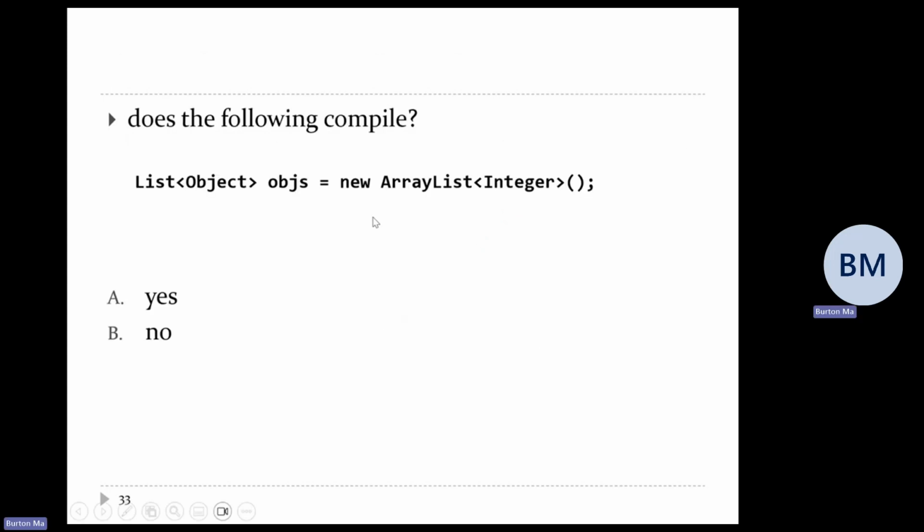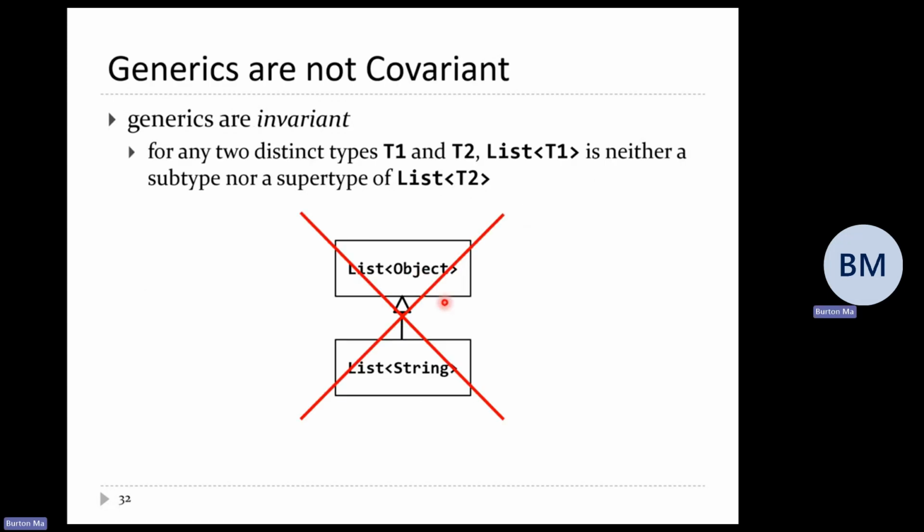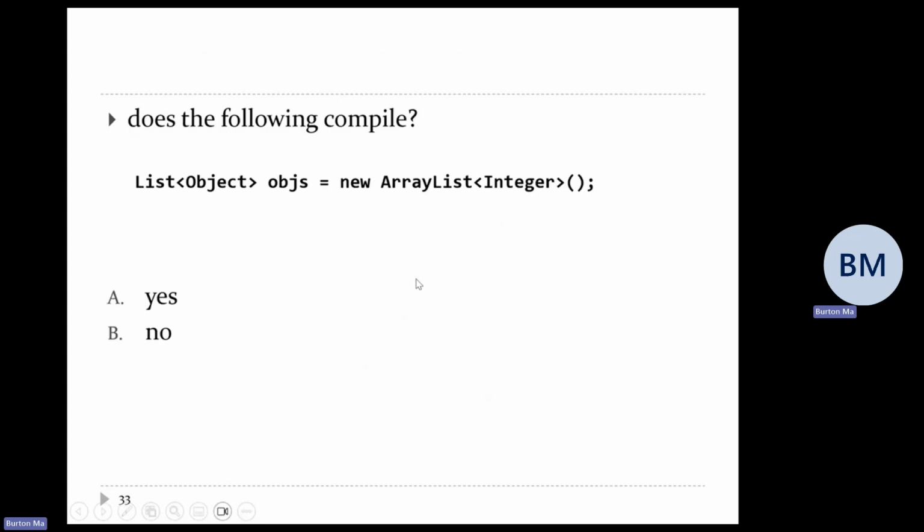So what is the advantage of making them invariant? Can I make an ArrayList of Integer and store that in a List of Object reference? The answer is no. There's no relationship between these two. So whether this is a List of String or a List of anything else, there's no relationship between this and List of Object.